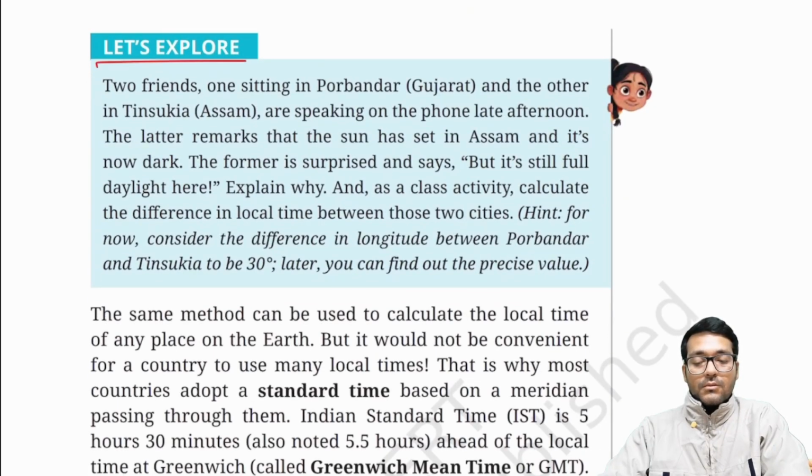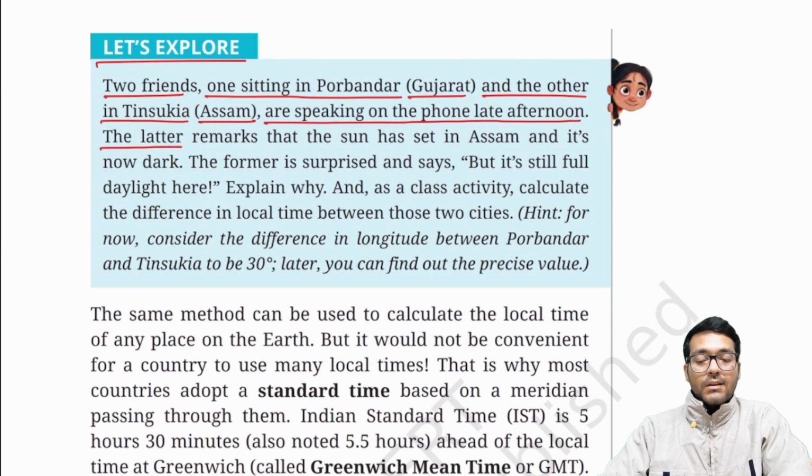Let's explore. Two friends, one sitting in Porbandar, Gujarat, and the other in Tinsukia, Assam, are speaking on the phone late afternoon. The latter remarks that the sun has set in Assam and it's now dark. The former is surprised and says, "But it is still full daylight here.